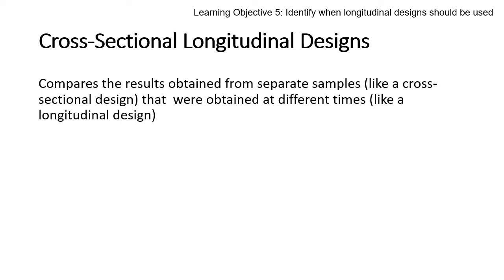A cross-sectional longitudinal design is actually pretty interesting in that it mixes the two. Let's say we wanted to measure people in their 20s, 30s, and 40s, but we measured them in the year 2010. So we've got the year 2010, and we measure people then in their 20s, 30s, and 40s. So we've got 3 different groups.